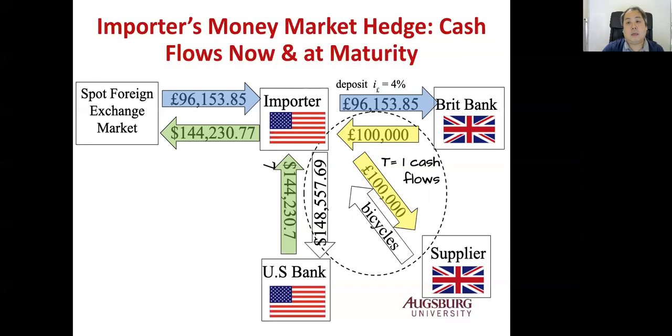You receive the proceeds in the future, and then you pay that money to the supplier. So what you should do is exchange at the spot rate first, to cover these payments. That's how to use the money market to hedge transaction exposure.